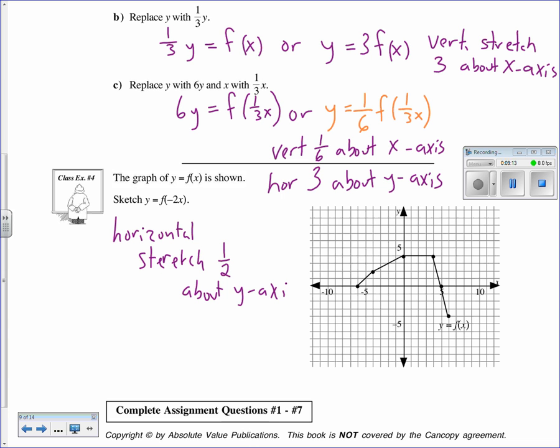And then I've got a reflection. Now I've got a reflection that is showing my x becomes minus x, which identifies my mirror as y. So my mirror is going to be equal to the y-axis. So first I'm going to stretch and then I'm going to reflect.